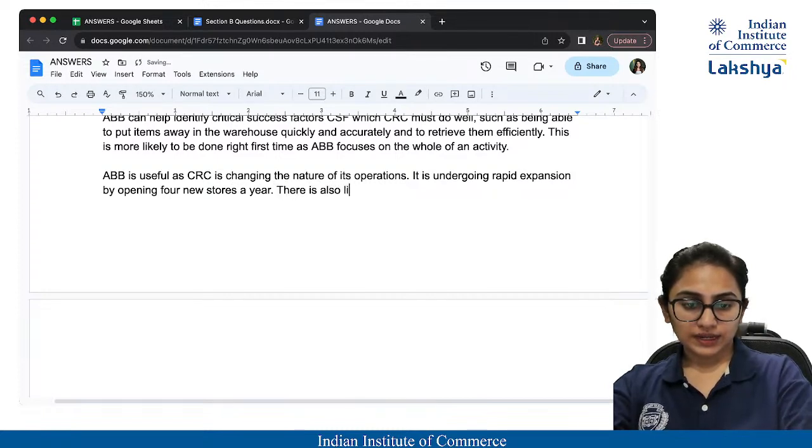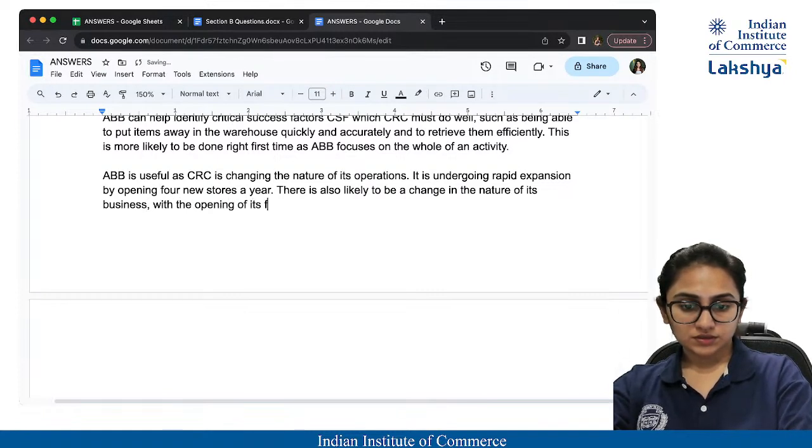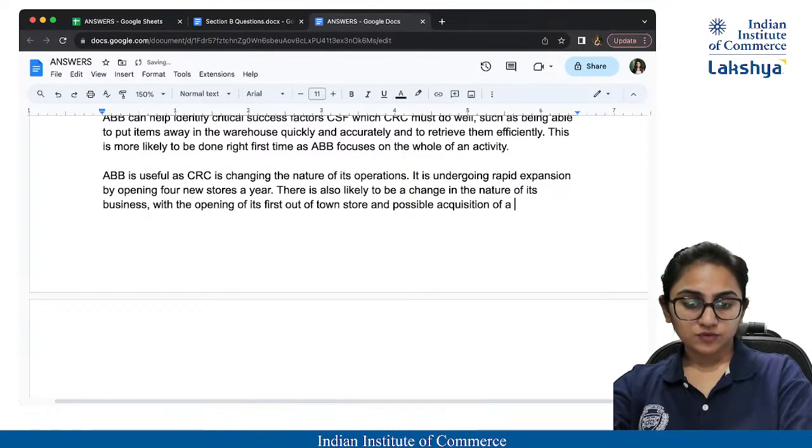There is also likely to be a change in the nature of its business with the opening of its first out of town store and possible acquisition of a food retailing business.